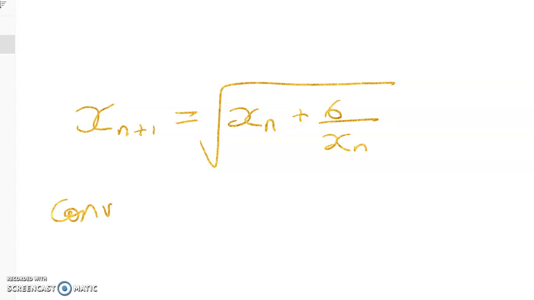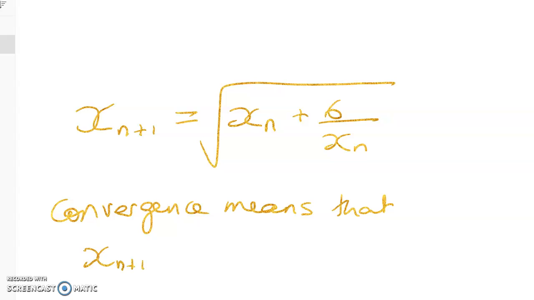So what does convergence mean? Well, convergence means that the gap between x n plus 1 and xn is basically equal to 0.